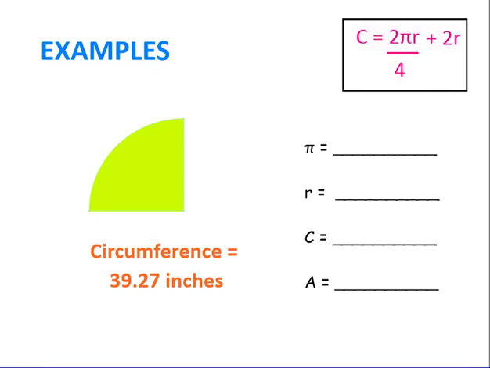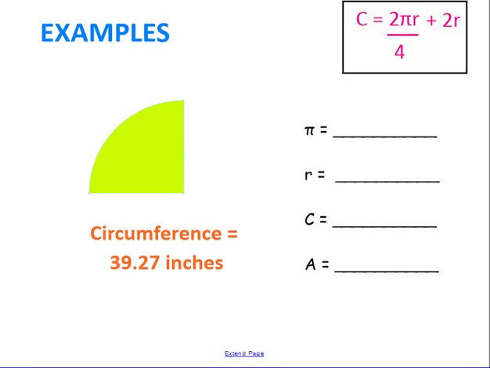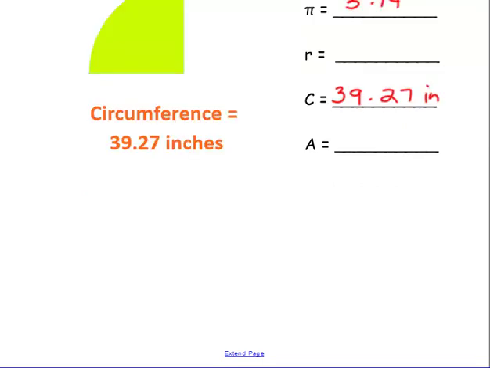All right, now let's look at a quarter circle working backwards. So pi is 3.14. We don't know the radius, but we know that the circumference is 39.27 inches. So we're going to work backwards to find the radius. So C equals 2 pi r divided by 4, because it's a quarter circle, plus 2r.